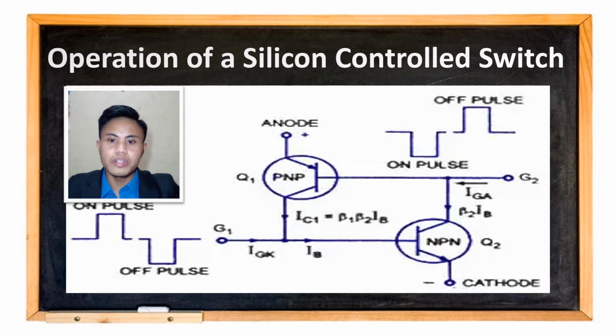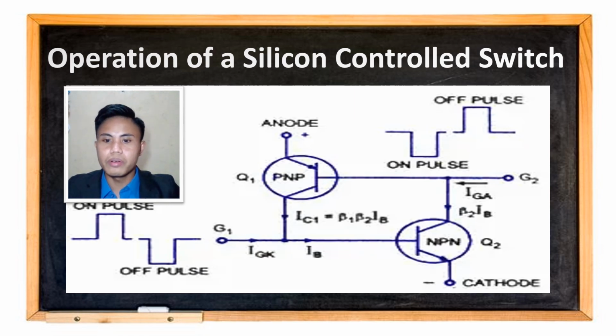In a two-transistor equivalent circuit shown in this figure, it is seen that a negative pulse at the anode gate G2 causes transistor Q1 to switch on. Transistor Q1 here, the PNP, supplies base current to transistor Q2, which is the NPN, and both transistors switch on.